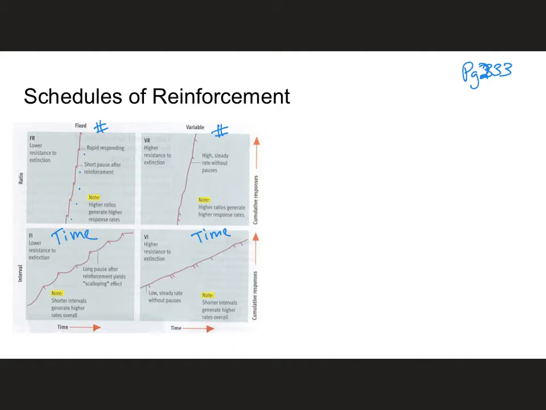So they get food at each one of those little hash marks. So at a fixed number of responses, you get food. What we see happening with that is that you give the response, you get your reward, and then there's a little bit of a break. Like, okay, got my stuff. Now I'm gonna respond again, get my food, take a little break, respond again, so on and so forth.